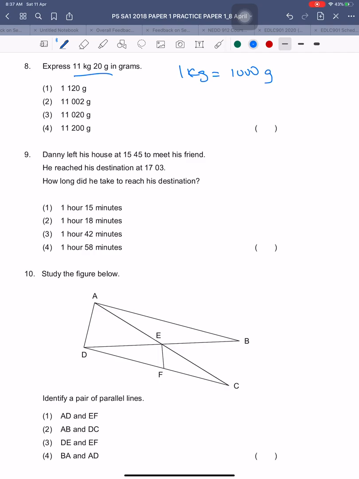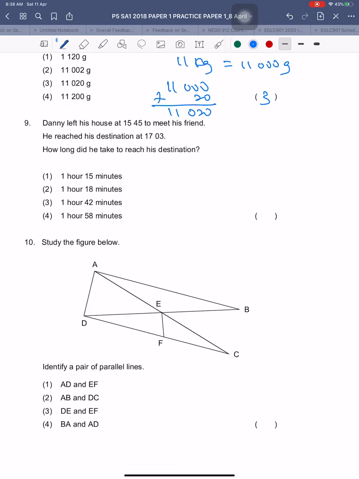Okay, so 1 kg is 1000 grams. 11 kg will be 1000 times 11, 11,000 grams. We still have the 20 over here, so 11,000 plus 20, so 11,020 grams. Okay, answer is number 3.